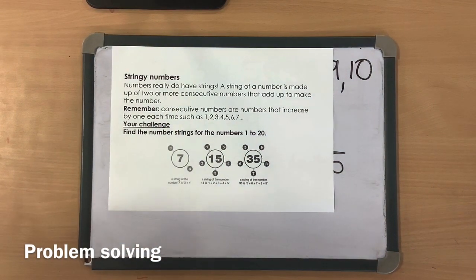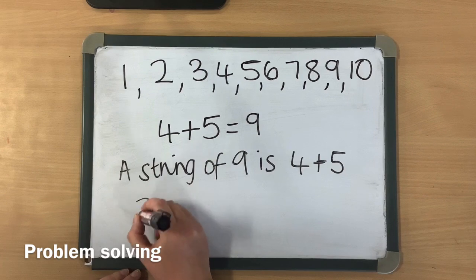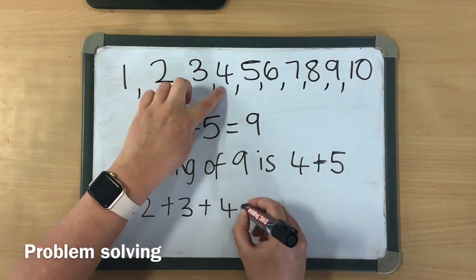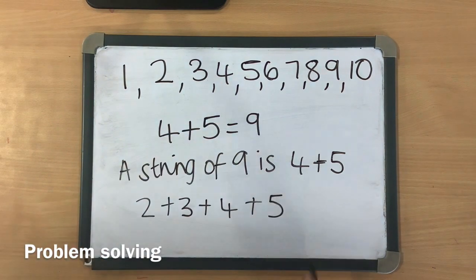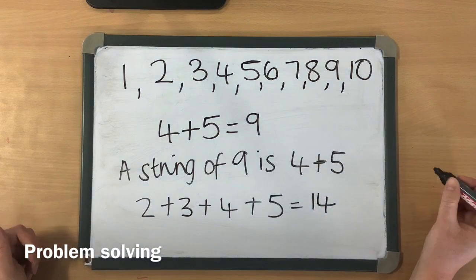Okay, so I could choose some more numbers. Okay, so I'm going to go for more than 2 this time. So I might go 2, add 3, add 4, add 5. Okay, so I've chosen 4 consecutive numbers. When I add those all together, it equals 14.